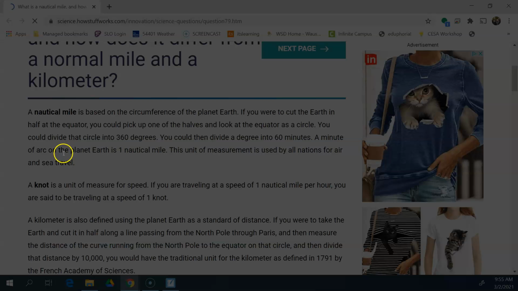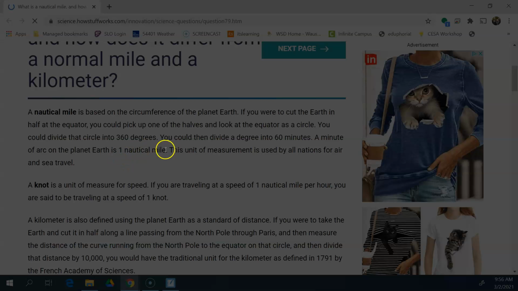So 1 degree of that gets divided into 60 minutes. So now we're at 1/60th of 1/360th of the unit circle.